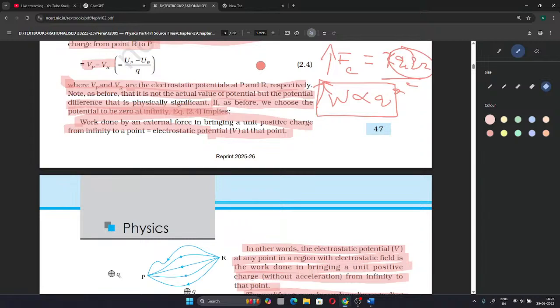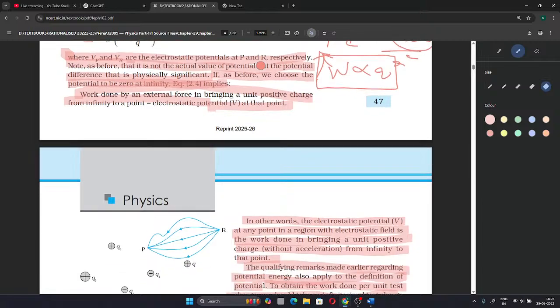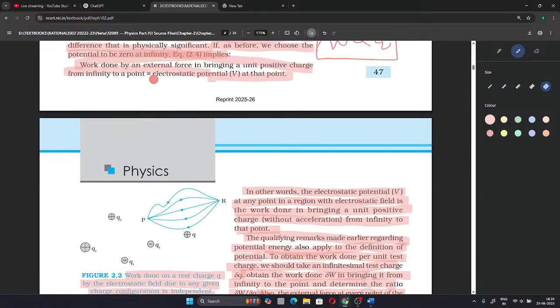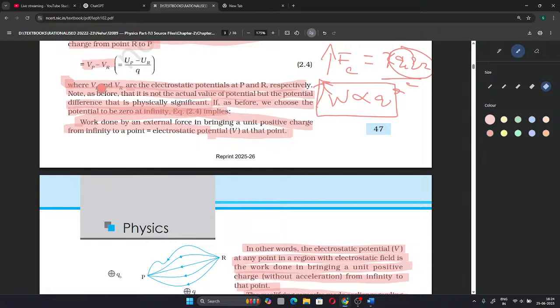Note, as before, that it is not the actual value of potential but the potential difference that is physically significant, if, as before, we choose the potential to be 0 at infinity. Work done by an external force in bringing a unit positive charge from infinity to a point equals the electrostatic potential V at that point.